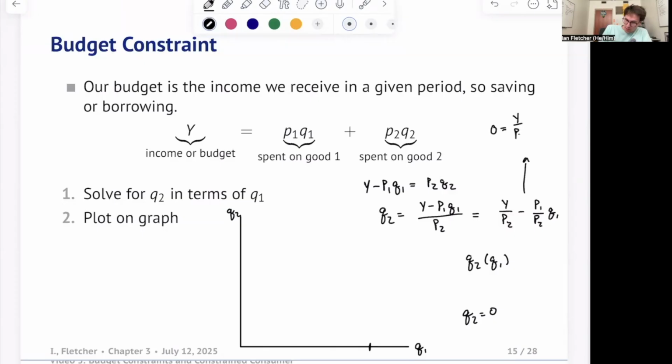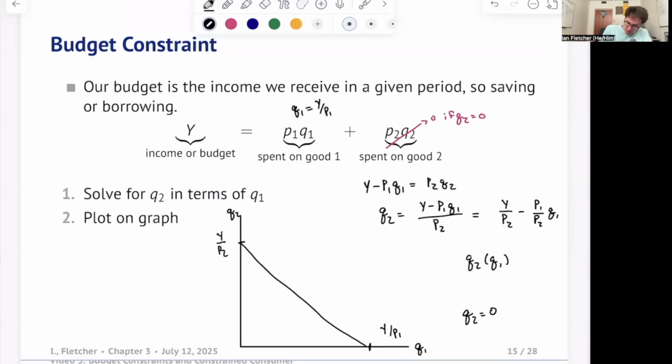Let's do this in a more direct way. If Q2 is equal to 0, that means that this term goes to 0. And so our Q1 should be y over P1. And very similarly for Q2, this would be y over P2.